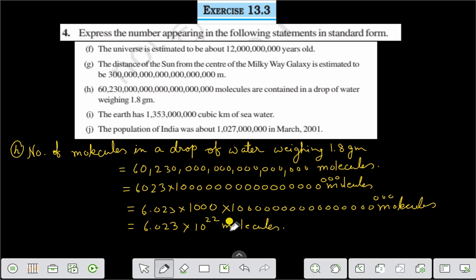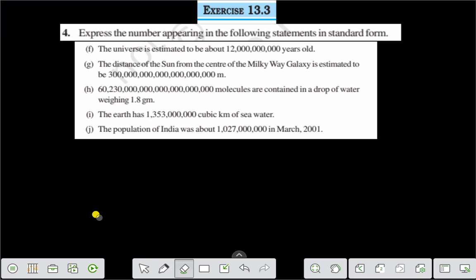Right? Now question number I. The Earth has 135,000 cubic kilometer of seawater.